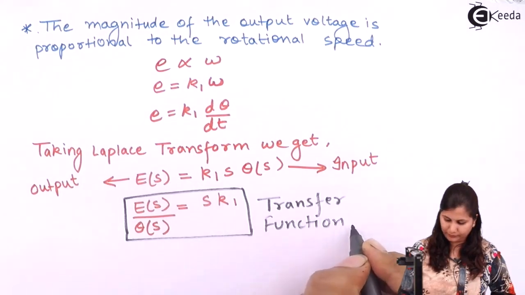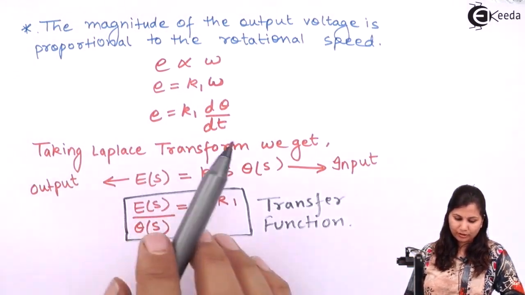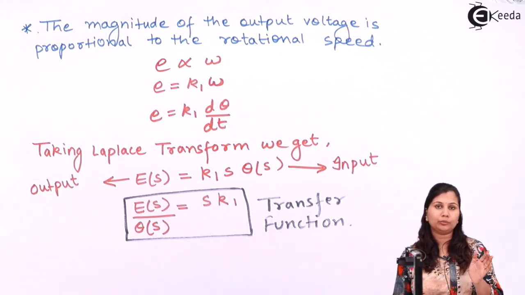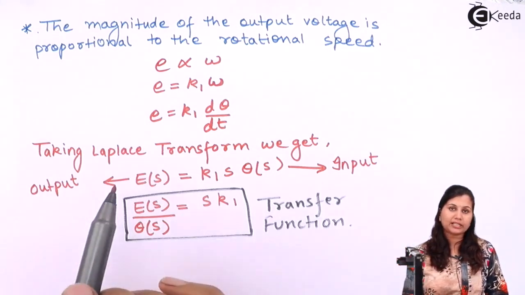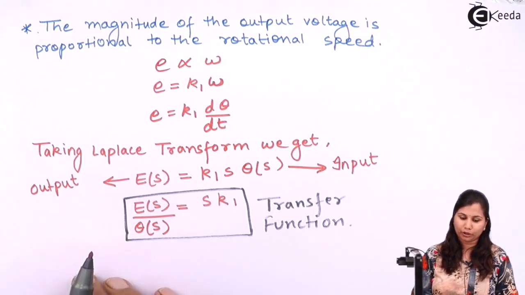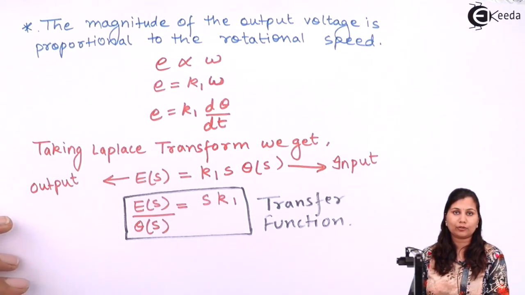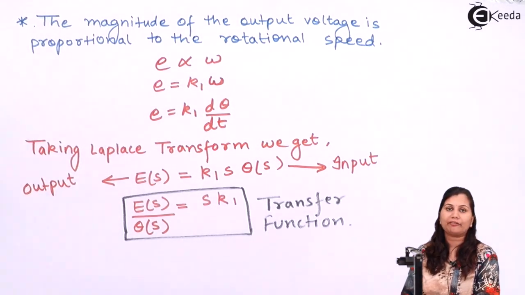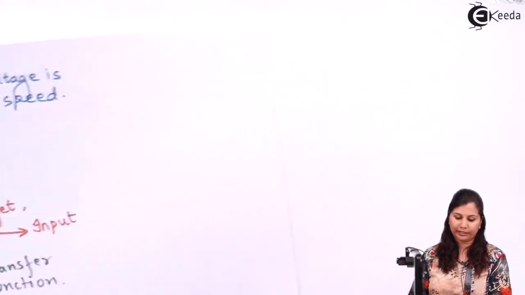Now if we change the direction of the shaft, that is if we move it clockwise or anti-clockwise, then it will affect the polarity of the output voltage. Because here we have an AC tacho generator, that is an AC signal as an output, so it will affect the phase shift in the output voltage.